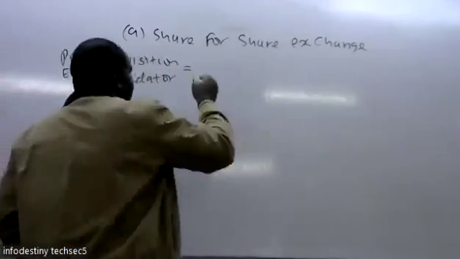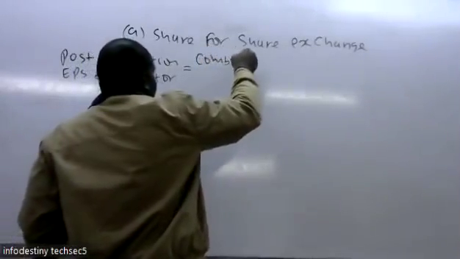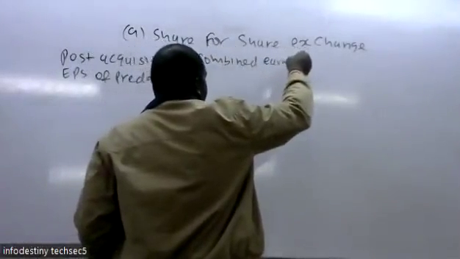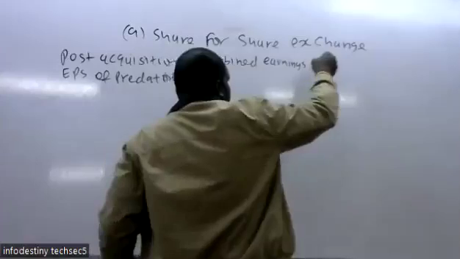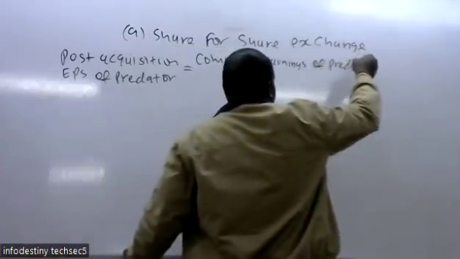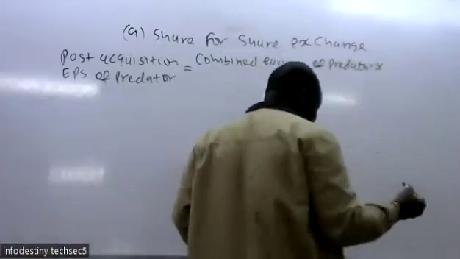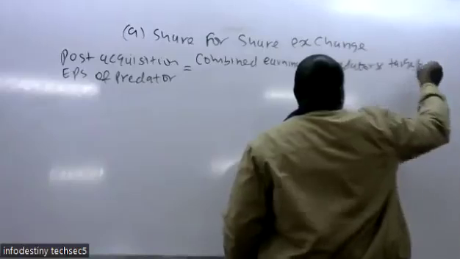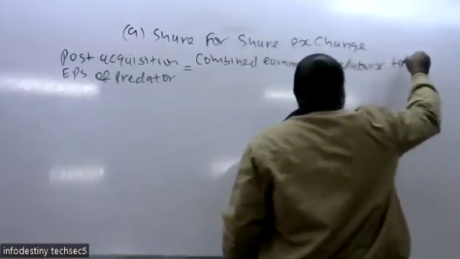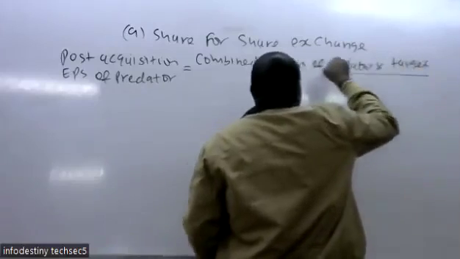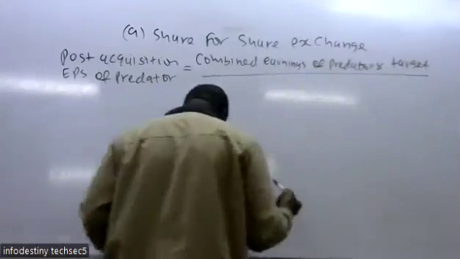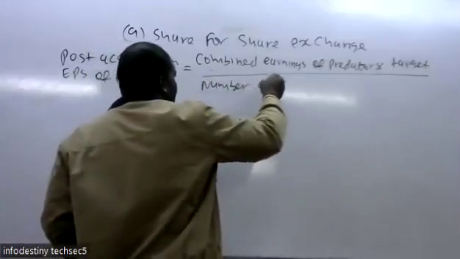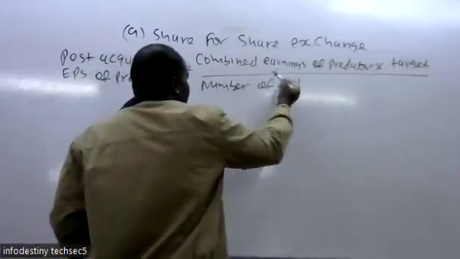It is given by the combined earnings of the predator and the target, divided by the number of ordinary shares of the predator.